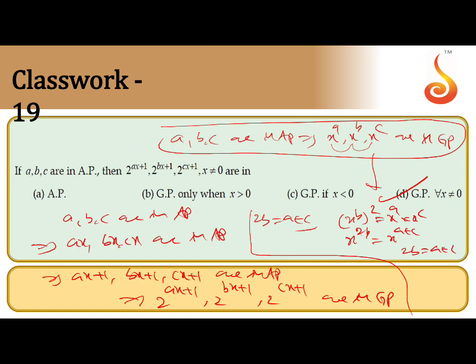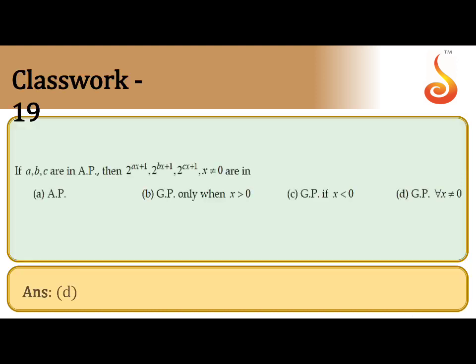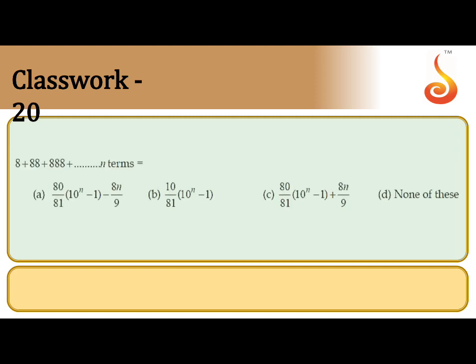So that's the property here; just remember it. That means if A, B, C are in AP, anything power A, B, C, even with a linear combination, always forms a GP. I hope everyone understands. So check the answer. Option D is correct. Already x not equal to 0 is given. That is the only answer you can take here.